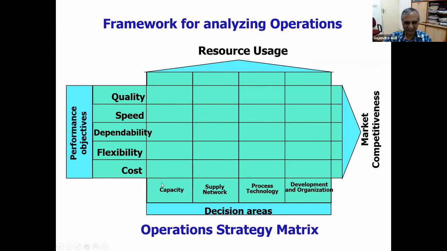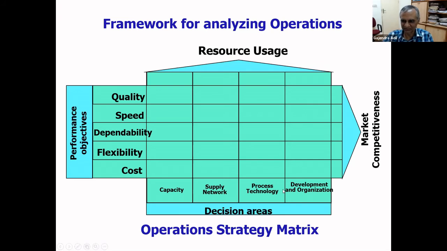Here we have done it in a particular way for illustration. This is capacity of operations, all related to how many machines, where they are, for example in manufacturing. Then network, where you bring in your suppliers, then process technology, and these are soft issues, development-related.